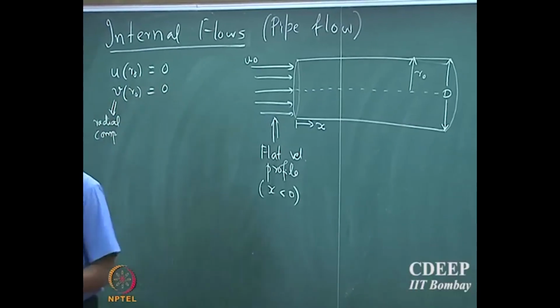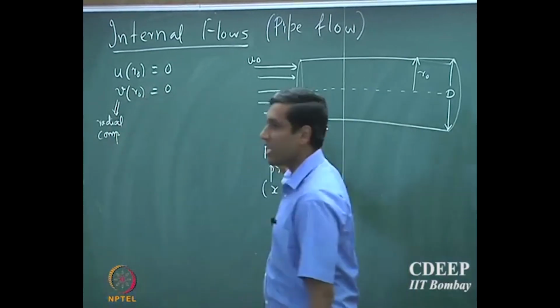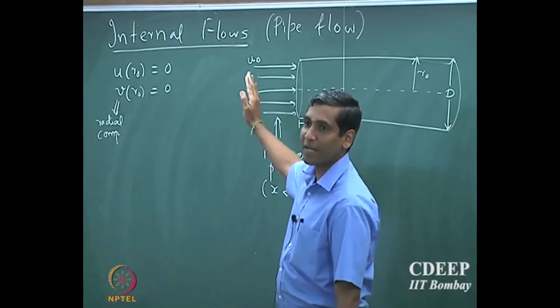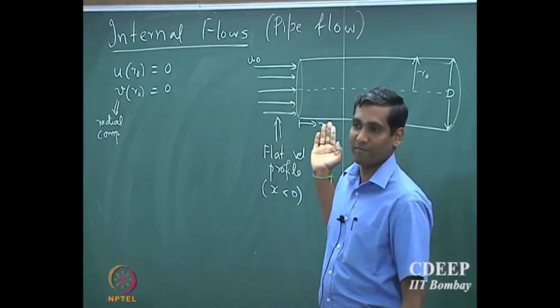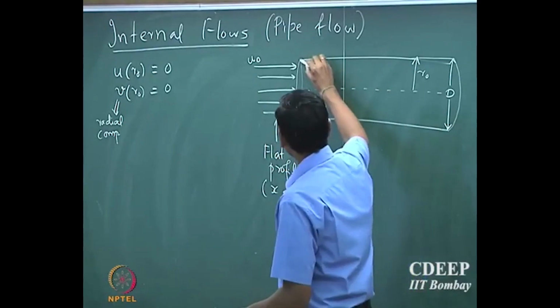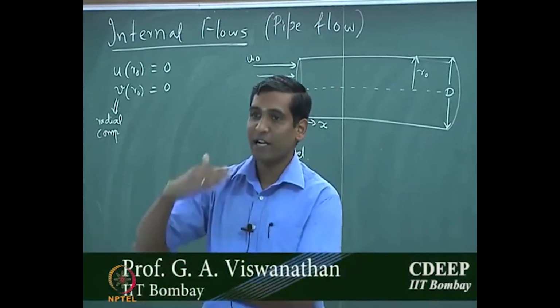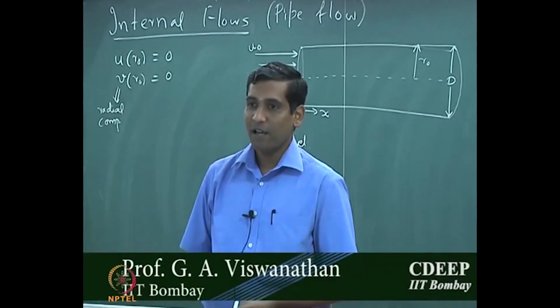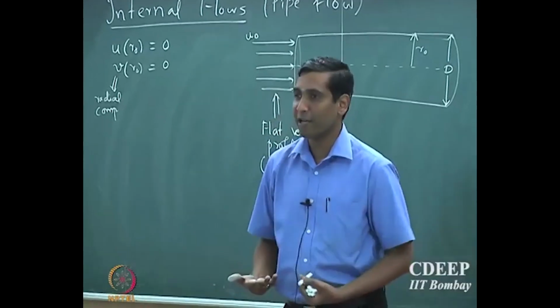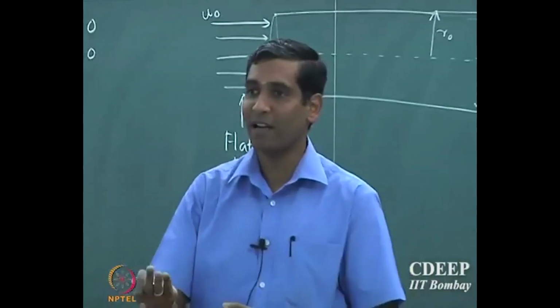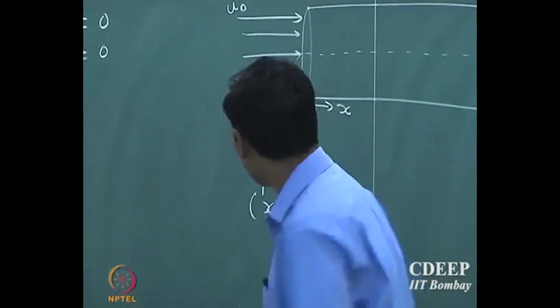Note that it is a flat velocity profile, which means before it enters the tube, the fluid is primarily moving only in one direction. But as soon as it experiences the wall, the fluid comes to rest, the viscous effects start playing a role, and the fluid starts moving in both the radial and the axial directions.